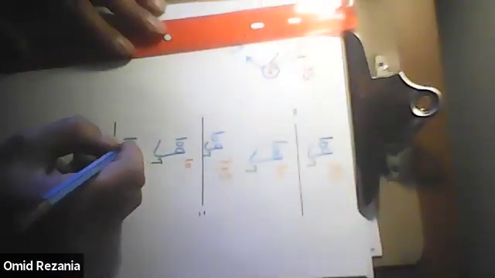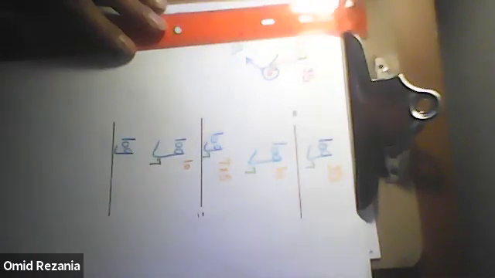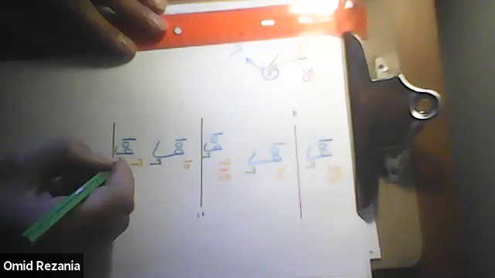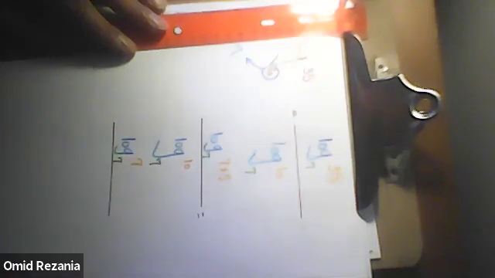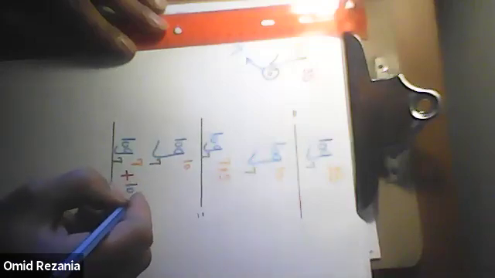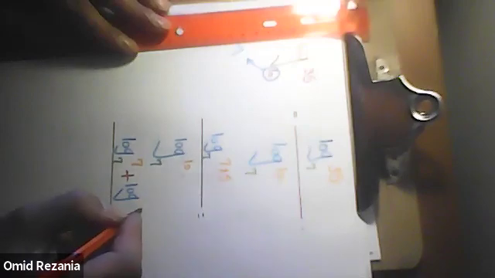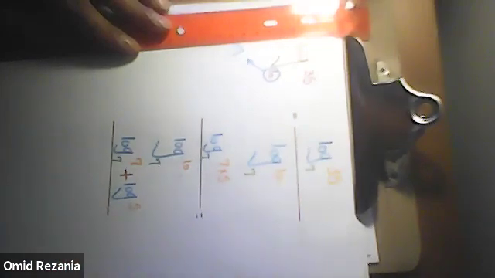It means that this one can be written as the log of 7 base 7, remember, plus the log of 5, that's right, base 7.